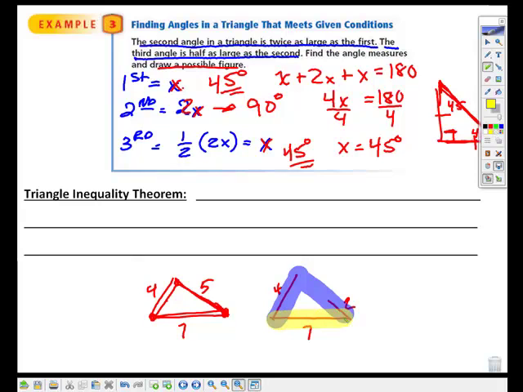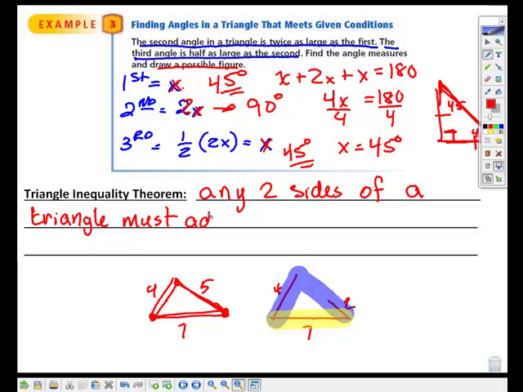So anyway, the triangle inequality theorem ends up saying that any two sides of a triangle must add up to more than the third side.